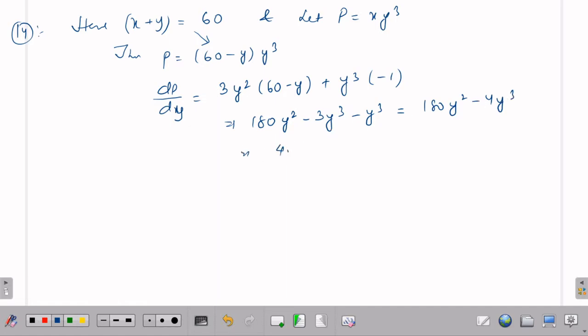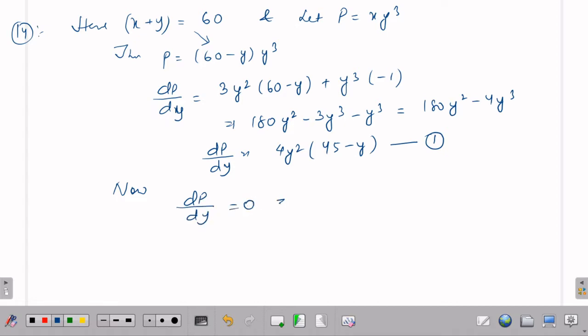So what can I take common? I can take 4y squared common, so there will be 45 minus y. Let me make this one dp by dy. Okay, remember I'm taking the variable to be y, so equation number 1. So now the second step is dp by dy is always equal to 0. So that will be 4y squared into 45 minus y is equal to 0.